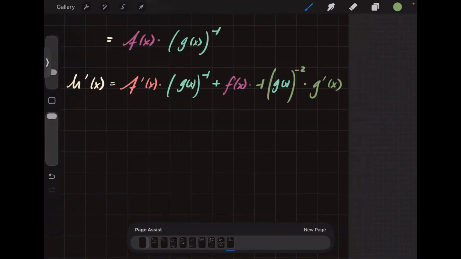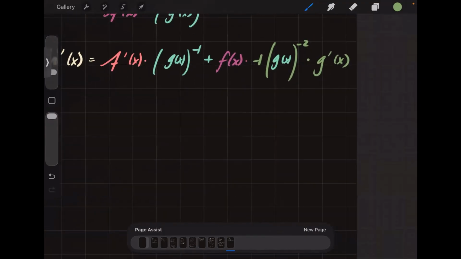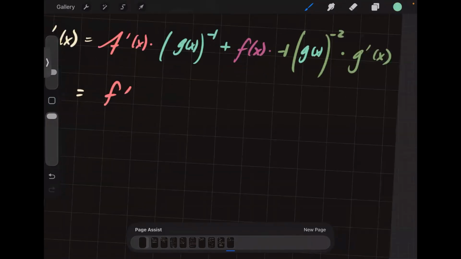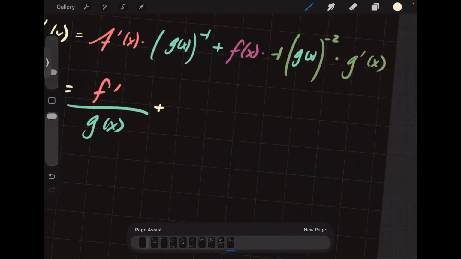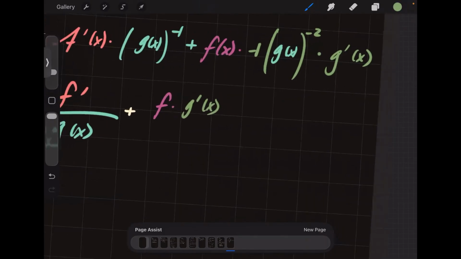Just like that, right? But that means we can simplify this into f prime, and I'm going to stop writing the of x business just because it's a lot, all over g of x plus f times g prime of x times negative 1.